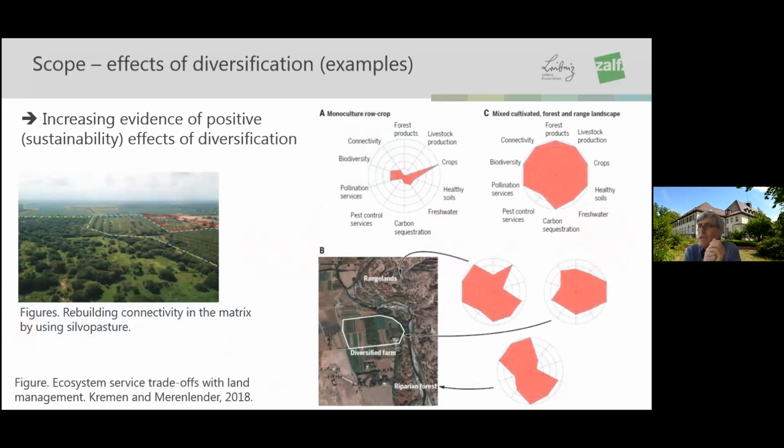Other studies have compared different, let's say, production systems, and that's a study that compared monoculture cropping systems with mixed cultivated crop rangeland landscape cropping systems in landscapes, and they have assessed that considering a range of different ecosystem services and biodiversity indicators.